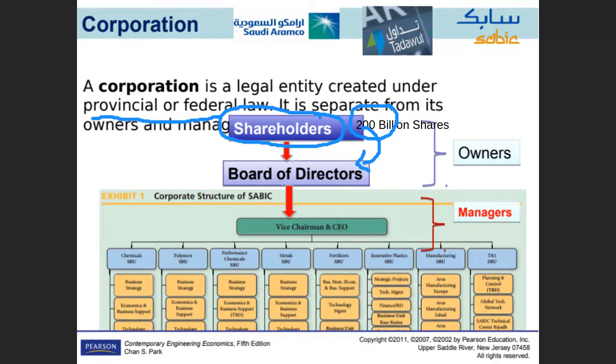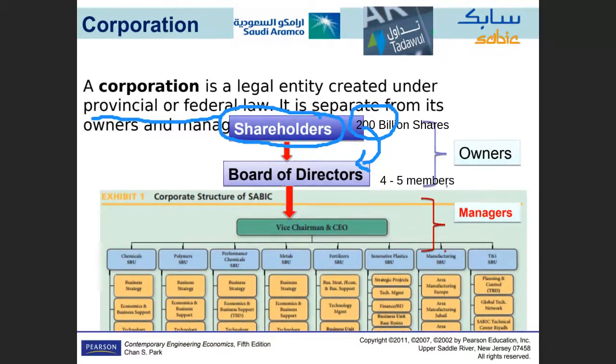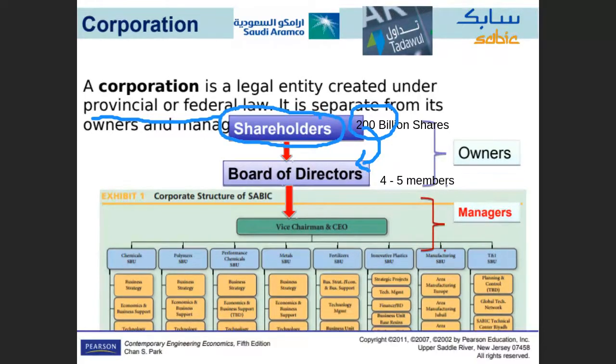So the board of directors may be just, let's say, 4 to 5 members, and they are all owners. Remember, they are all owners of a corporation. But they are not doing day-to-day activities.